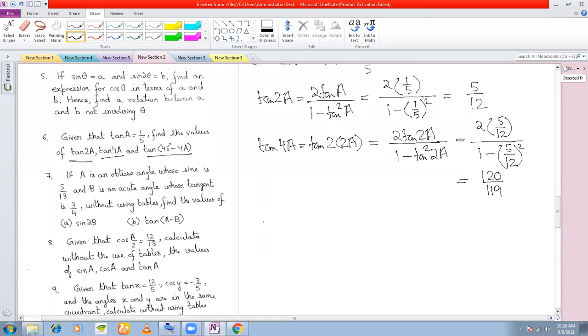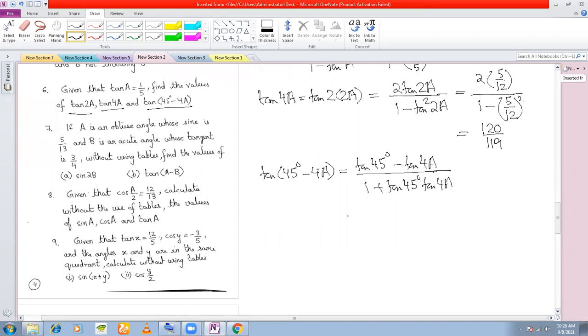And finally, you have tan of 45 degree minus 4A. Now this is a compound angle formula that we have to use, tan A minus B. Tan A minus B is equal to tan A minus tan B divided by 1 plus tan A tan B. Put the value of tan 45: 1 minus tan 4A divided by 1 plus tan 4A.